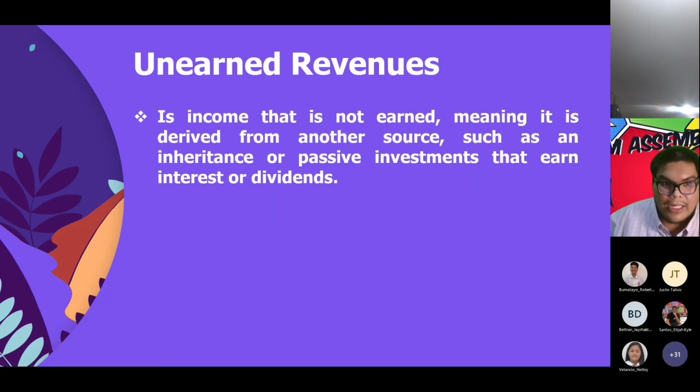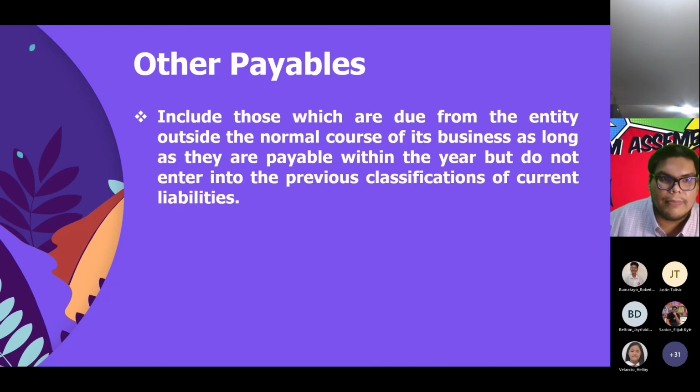Unearned revenues, again, nabanggit na. Income that is not earned, meaning it is derived from another source such as inheritance or passive investments that earn interest or dividends. Hindi mo pa siya nakukuha. And other payables. Parang other assets lang si other payables.